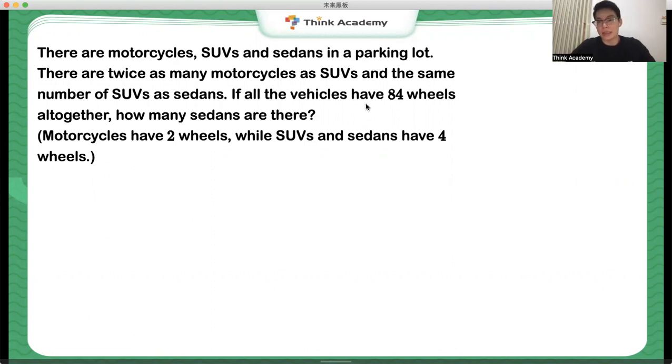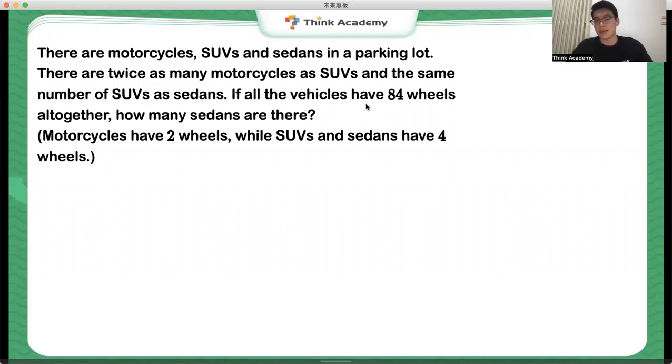So now, again, we are having 3 unknowns in the same question, right? Motorcycles, SUVs, and sedans. Which of them is the smallest unknown? Is it going to be motorcycles, SUVs, or sedans? Motorcycles?